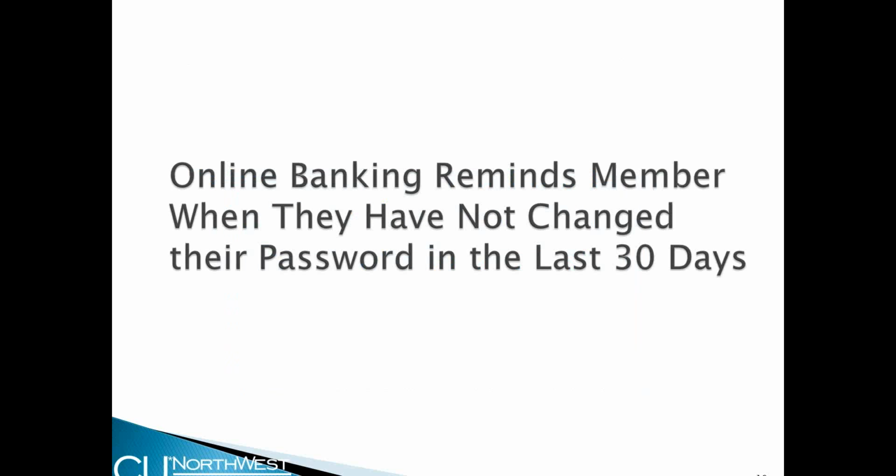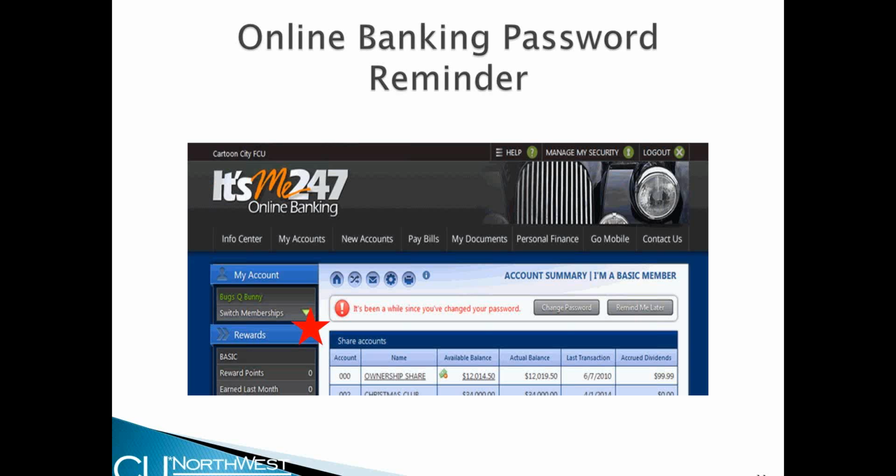Now, next we'll discuss another item which will affect your members in online banking, and that's the ITSME 247 online banking password reminder. If your member's not changed their password in the last 30 days, when they log in, they'll receive a warning message that their password has not been changed in a while. The member will then have two options. They can change their password or choose Remind Me Later.